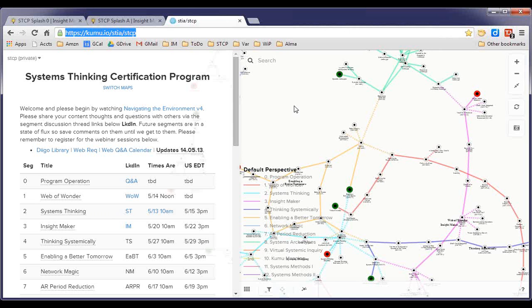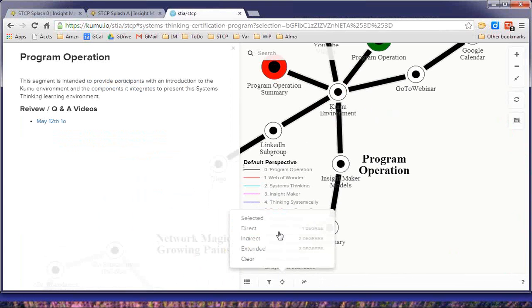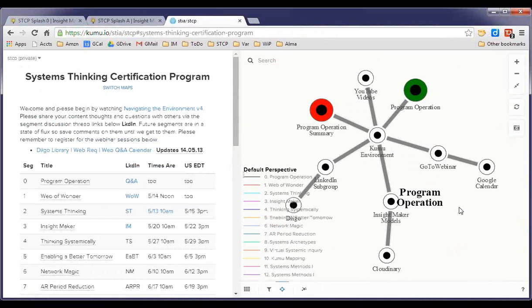So based upon that feedback, a new segment of the program was developed over the weekend, titled Program Operation, and that segment simply talks about all of the various pieces that are integrated together to make this program work.